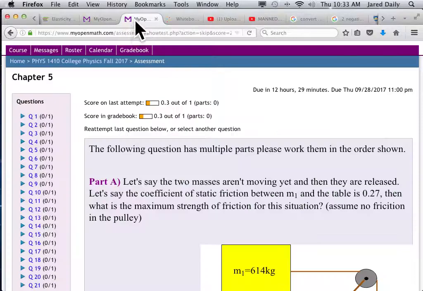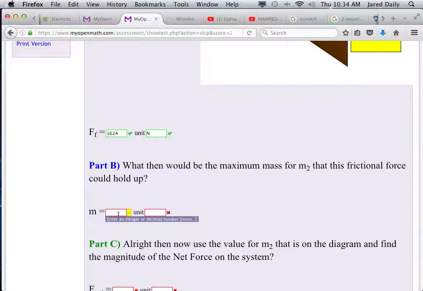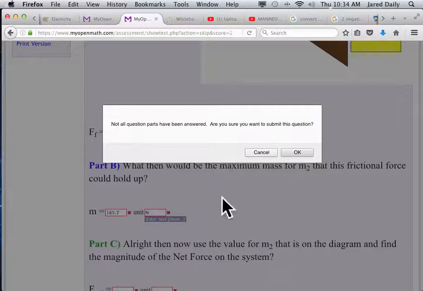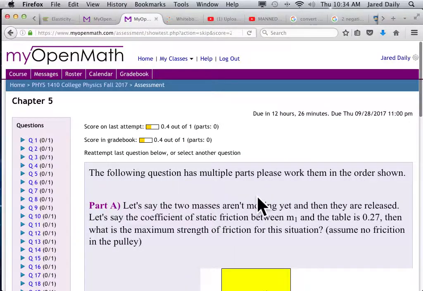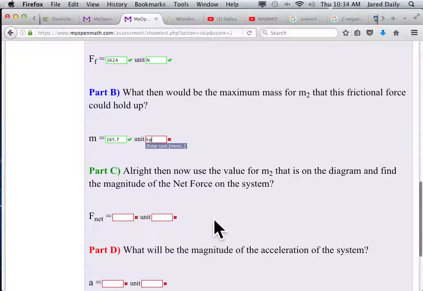So we put that in: 165.7, and the units are kilograms, sorry. Yeah, kilograms. So we got the number right anyway.